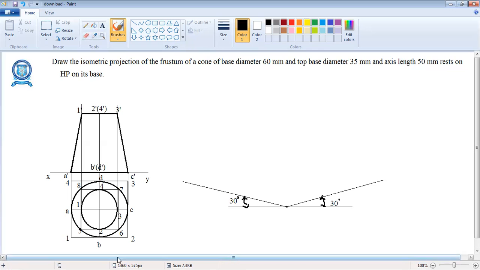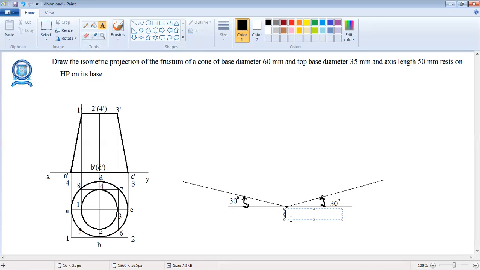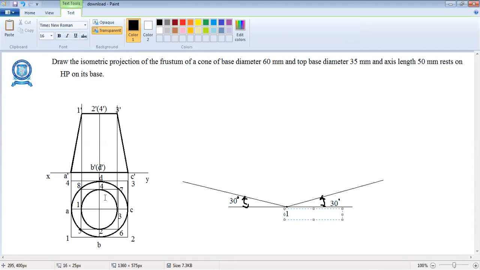First, we are going to draw the bottom square. 1, 2, 3, 4. Consider this point as 1. First of all, we are going to transfer this square shape into this.